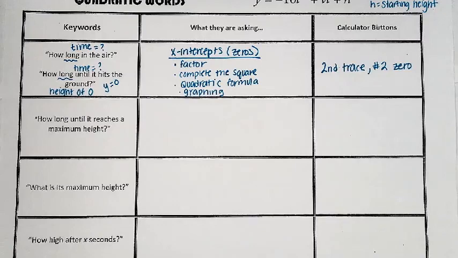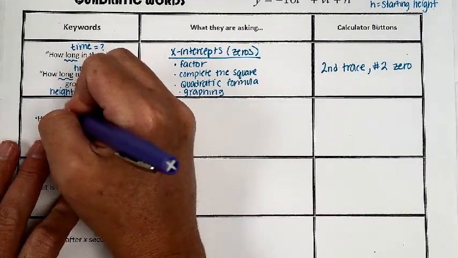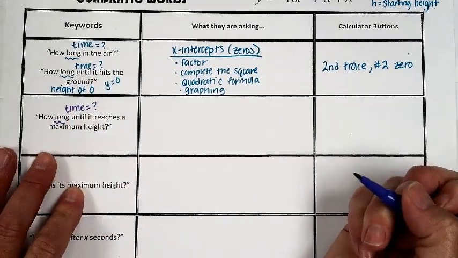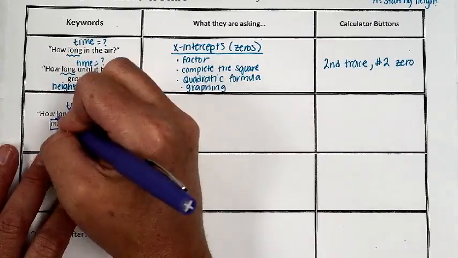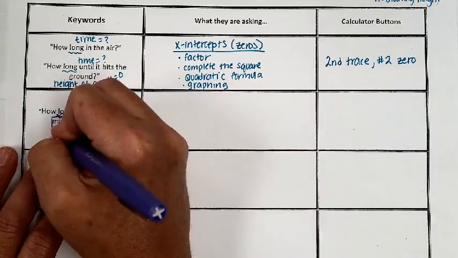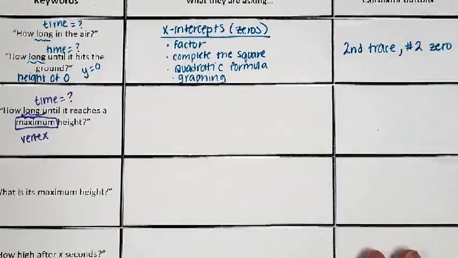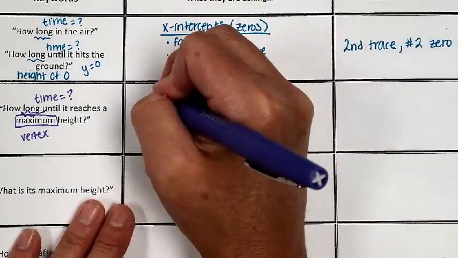Alright, next, how long until it reaches a maximum height? So again, how long? We're looking for the time. Maximum height. Where would I find the maximum height? The vertex. Yes, the vertex. So what are they asking for?